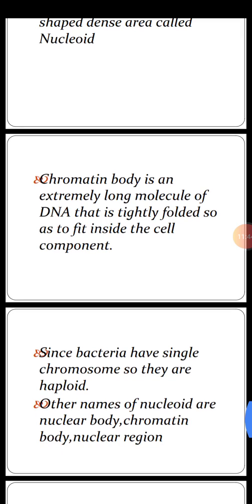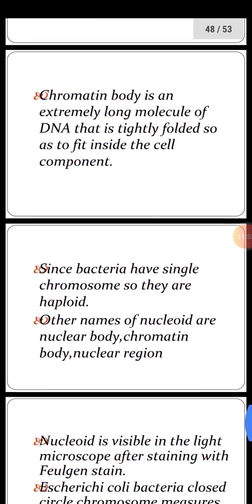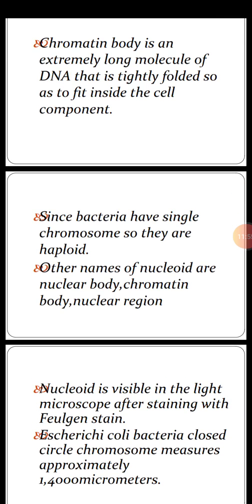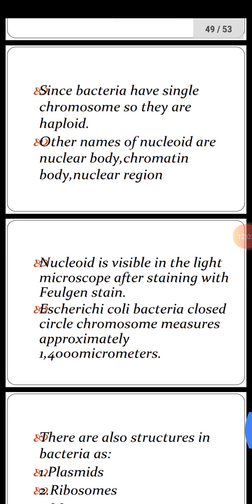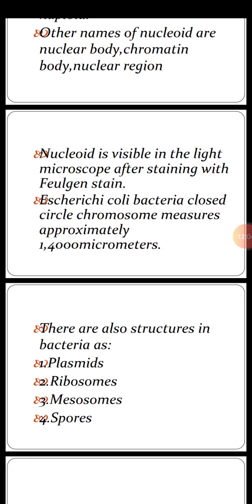The chromatin body consists of thread-like structures, an extremely long molecule of DNA that is tightly folded and fits inside the cell space. Bacteria have a single chromosome, so they are haploid. There are many names for the nucleoid, like nuclear body, chromatin body, and nuclear region.